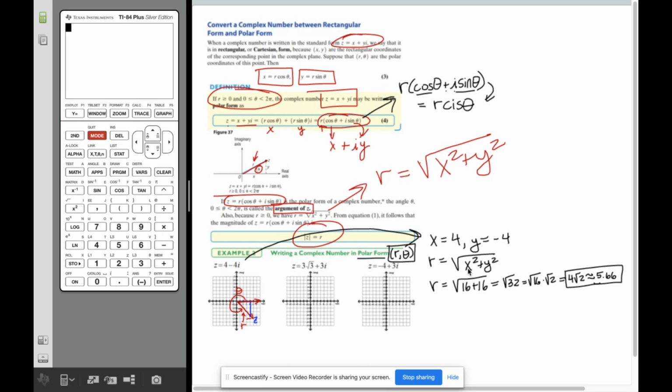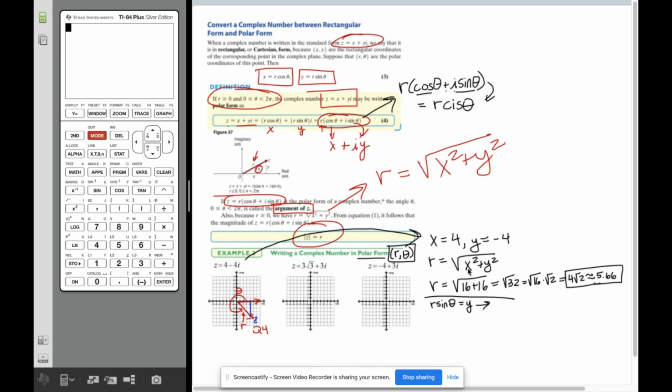Okay, so that's r. We also need theta. In order to get theta, we could use sine or cosine. We're going to use both of them just to make sure. We want to make sure that we end up in quadrant 4, to the right and down. So we'll use this rule first: r sine theta gives us y.